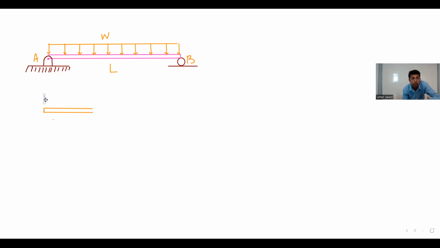Use the statics principles and give me the expression for moment. So you will find the reaction at A, you will find the reaction at B. Then you will find what is the W, the distributed load.